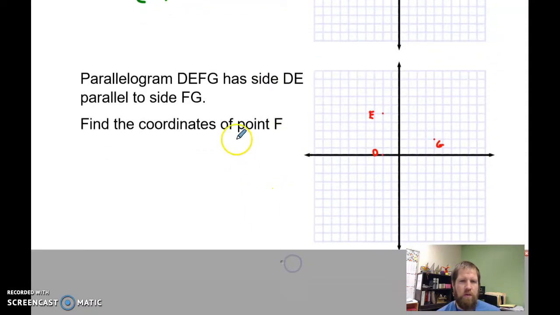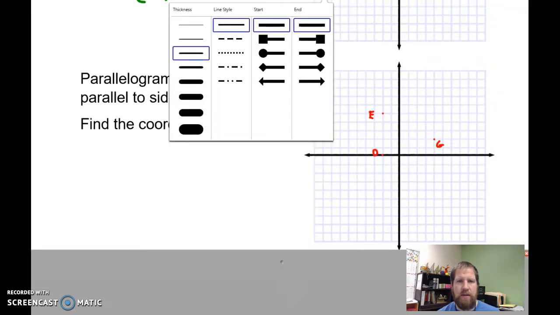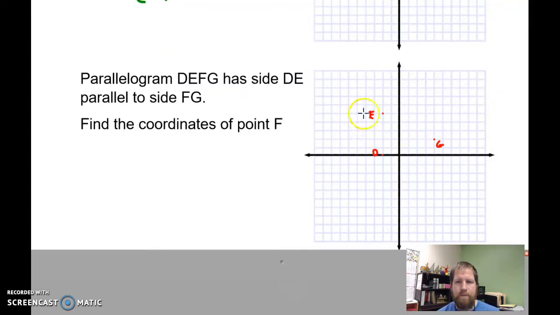Let's look at our second one. So now we have 3 points that are given to us. It looks like I forgot to connect those dots ahead of time, but that's okay. We've got E, D, and G here, and we're looking at a parallelogram.